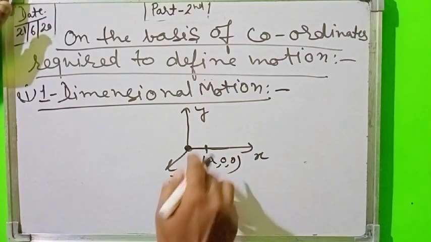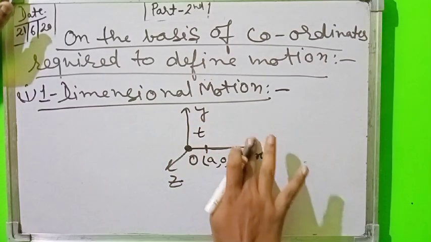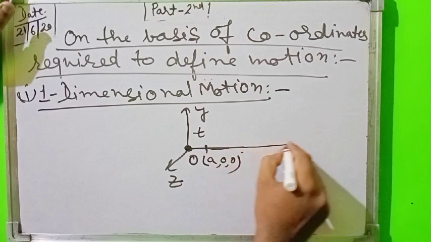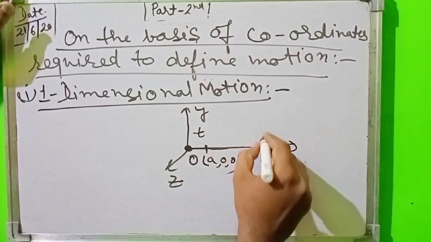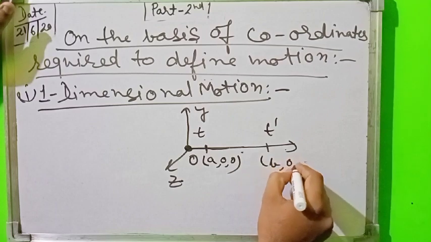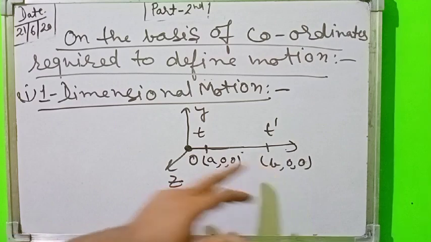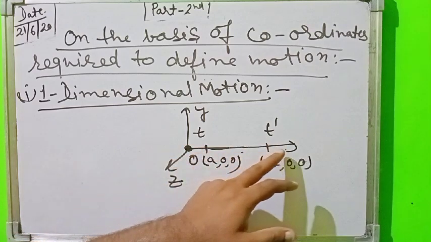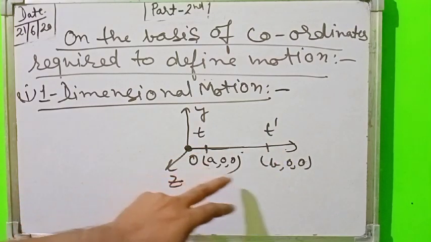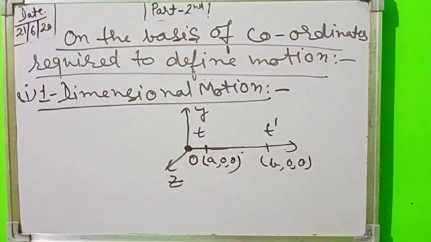At any time t the position is a, 0, 0, and after time t dash the position becomes b, 0, 0. With the passage of time, only one coordinate changes, since the object is moving only on this axis, so the motion is called one-dimensional motion.